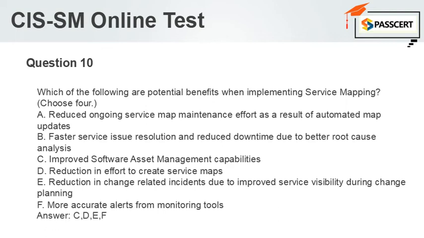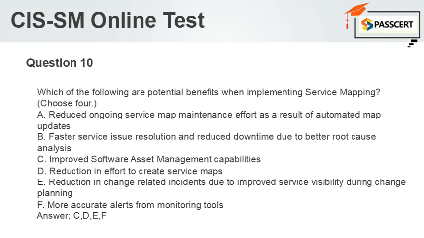Question 10. Which of the following are potential benefits when implementing service mapping? Choose 4. A. Reduced ongoing service map maintenance effort as a result of automated map updates. B. Faster service issue resolution and reduced downtime due to better root cause analysis.